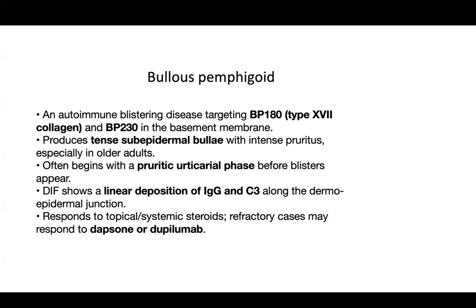So the method to diagnose it is to take a biopsy for H&E, and also a biopsy for direct immunofluorescence, in which we will see the linear deposition of IgG and C3, as we saw in the first picture. According to the level of severity, we have many treatment options and guidelines, starting from topicals to systemic steroids to newer biologic medications.